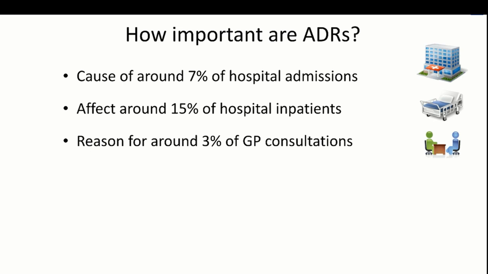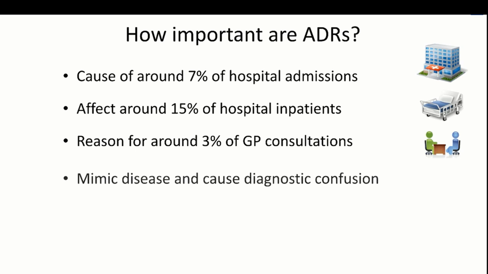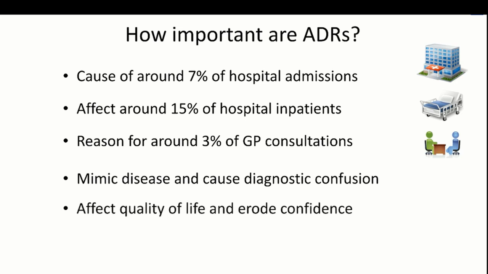Common culprit drugs are diuretics, anticoagulants, non-steroidal anti-inflammatory drugs, opioid analgesics, and insulin. More widely, adverse drug reactions may mimic the symptoms and signs of other diseases and cause diagnostic confusion. They may also affect the quality of life and tend to erode confidence in healthcare generally.